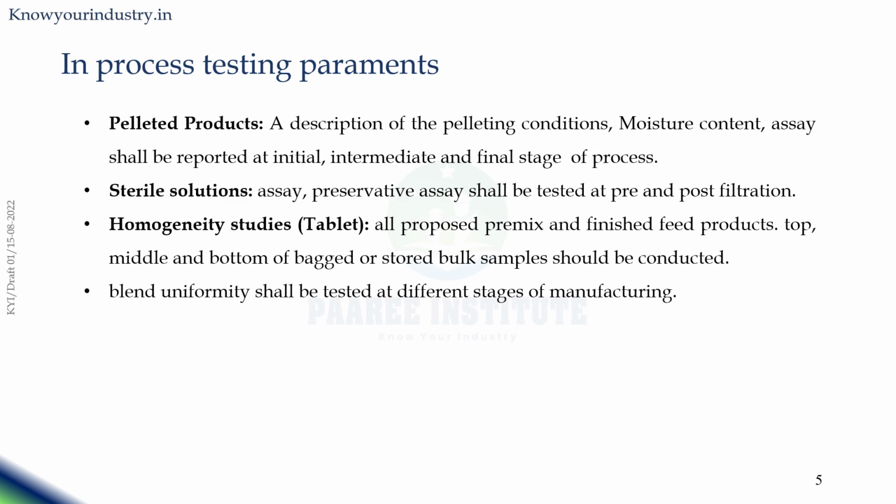For example, Cold Act is one of the greatest examples which you know very well. So for these pellets, a description of pelleting conditions, moisture content, and drug assay shall be reported at initial, intermediate and final stages, because it varies at each stage as the pellet process grows.